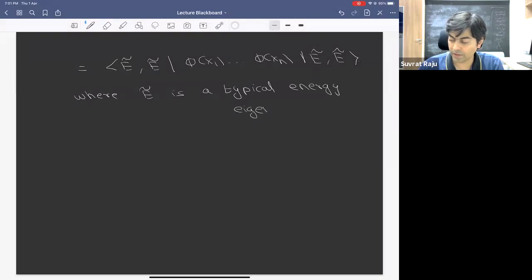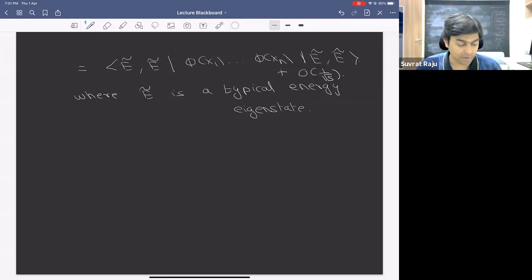So in making this last equality, I made some errors, which are order 1 over square root s, but those errors will not be important. The point is that the experience of the infalling observer, we have now argued, is actually the same as the experience of the infalling observer in a typical energy eigenstate.